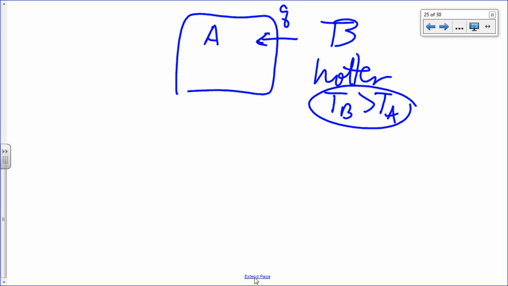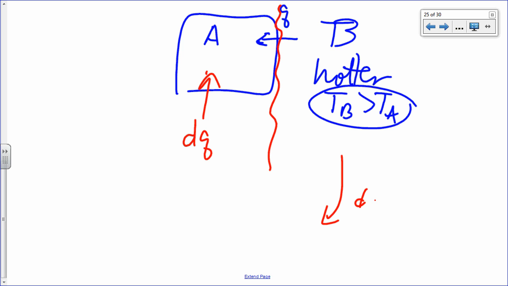Okay, so we're going to now examine these two things separately. I'm going to move a little bit of heat into A, dq, and for B, I'm going to take out dq, right, negative dq. So we separate A and B. Look at A and B separately.